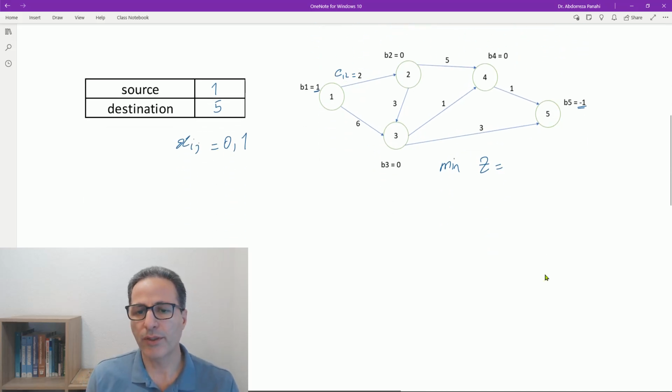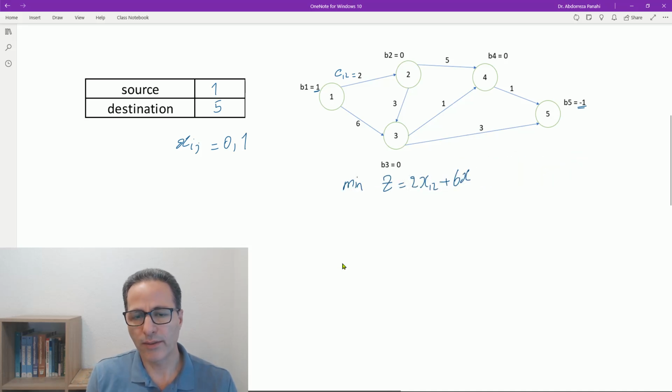So the objective function is going to be the sum of the products of cij's and xij's. So we are going to have 2 times x12 plus, from 1 we can also go to 3 by cost 6, times x13.